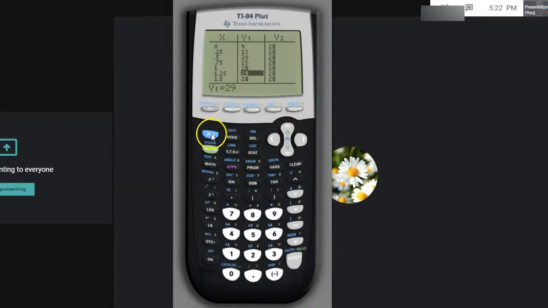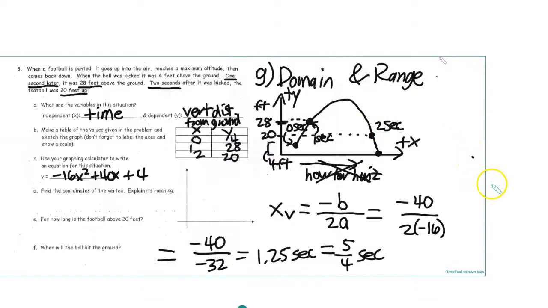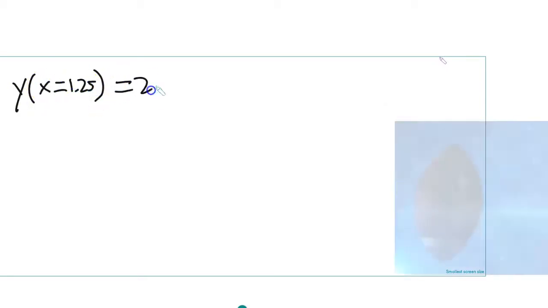You have to work it all out, but you just get 29. So, might as well use the calculator if you've already got the data in there. There's no need to go through a lot more math effort. So, again, y at x equals 1.25 should equal 29.